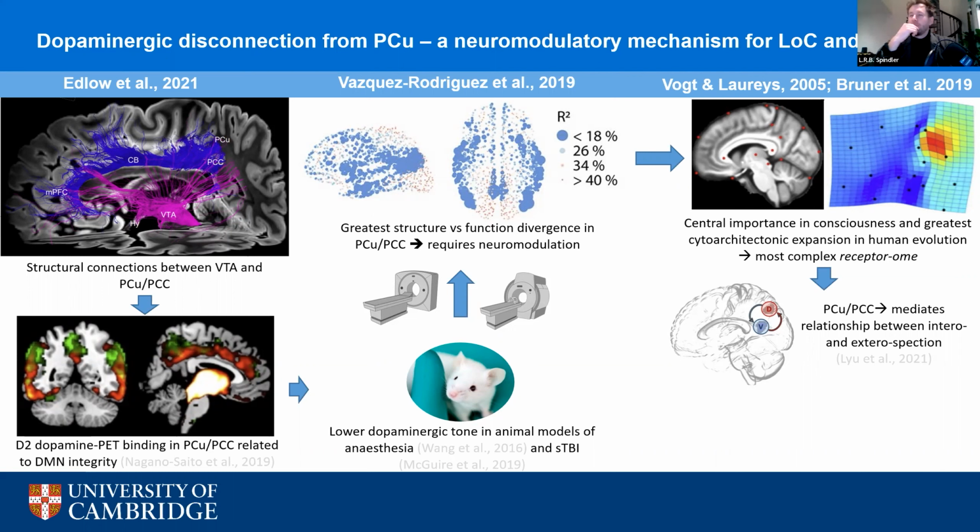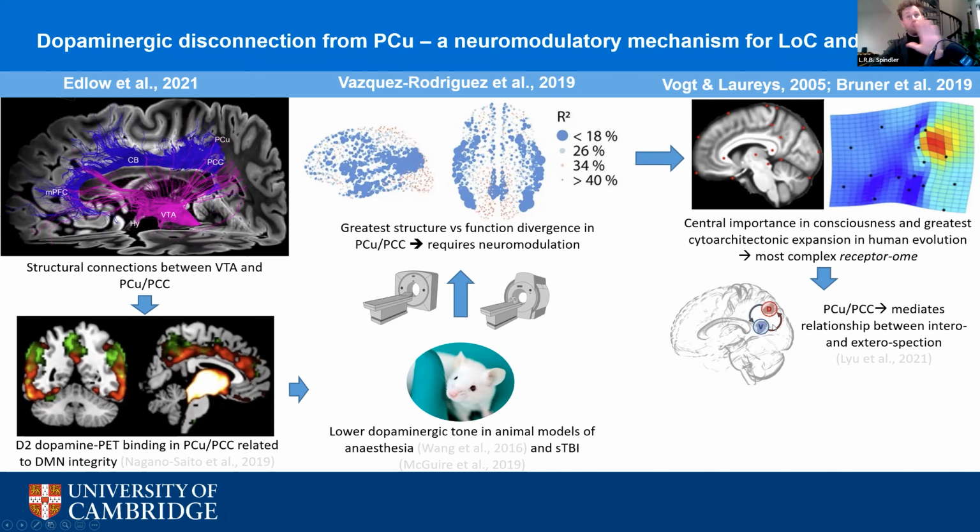And this is a picture from some work that a lab colleague, Diane Liu, has been performing, differentiating the dorsal and ventral precuneus's role in intero and extero inspection. And intriguingly, the disconnection we find in the sedation participants fits exactly S-shaped between these two areas. So there may be some sort of bridge here.